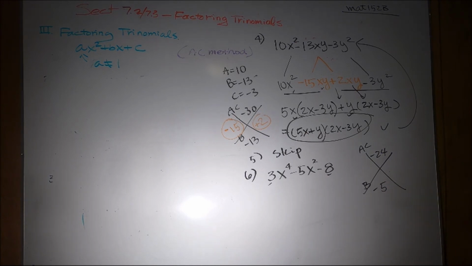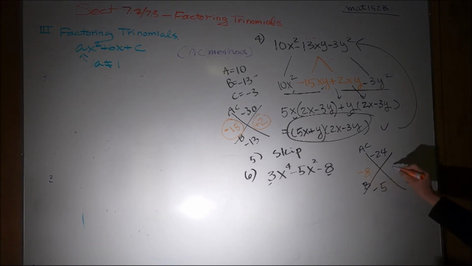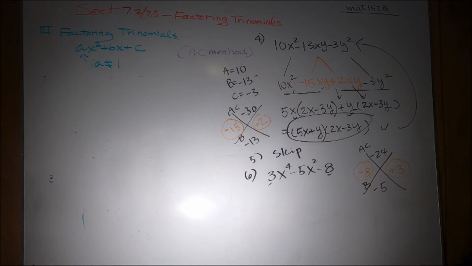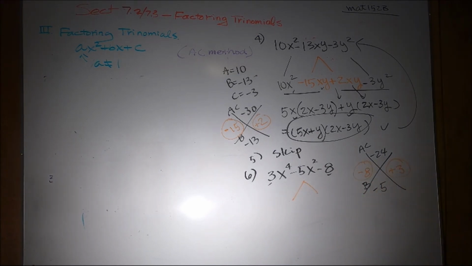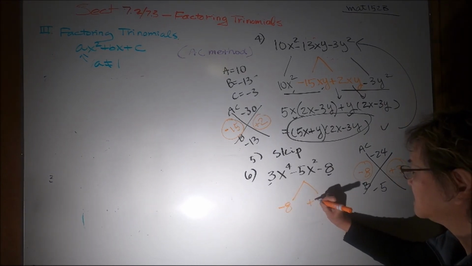Which two numbers will work? Probably you can tell. One is a -8, one is a +3, right? Added together is -5. Then what's the next step? Split the middle part into these two numbers. So that will be -8 and +3.